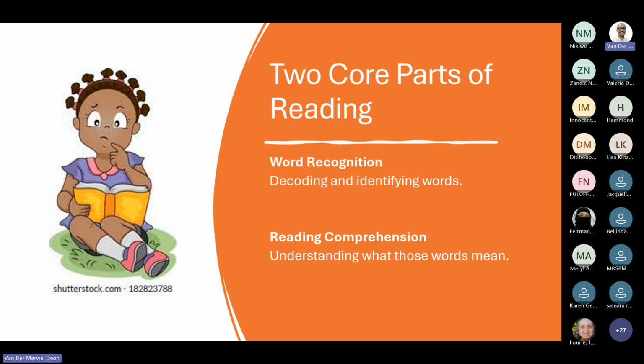Hence, when they are at primary level, it is important to really lay the grounds quite firmly when it comes to word recognition, because reading comprehension goes beyond recognizing words to thinking deeply about meaning, structure, as well as purpose.